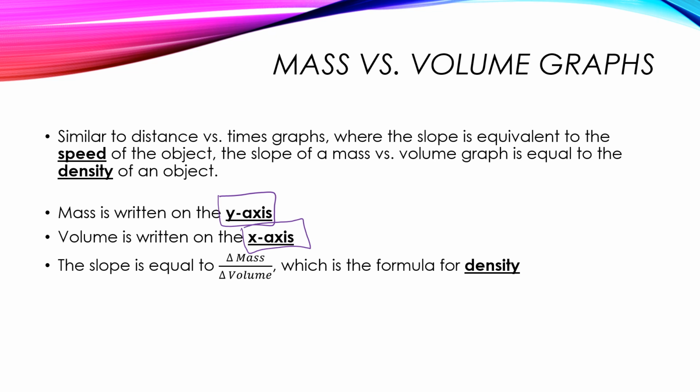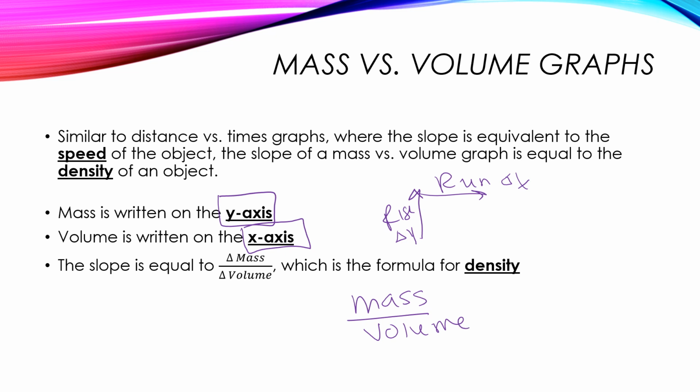The reason is that when you take the slope, rise, which is the change in your y, over run, which is the change in your x, you need to have your units correspond to that of density, which is mass over volume. So therefore, I need my y to be my mass unit and my x to be my volume unit.